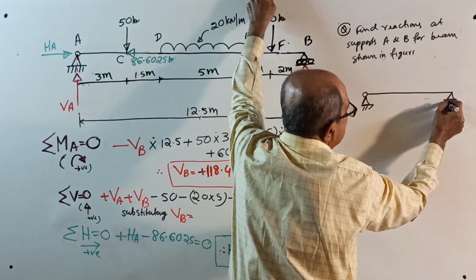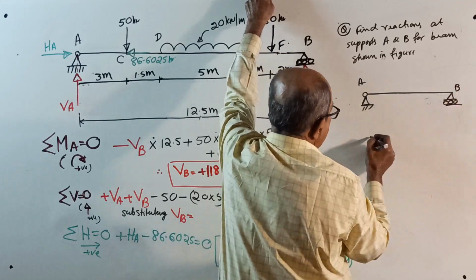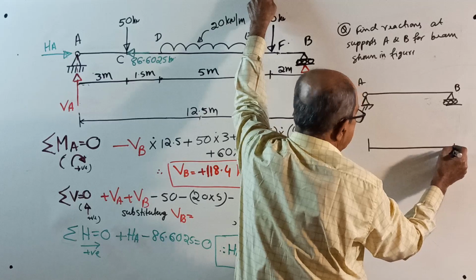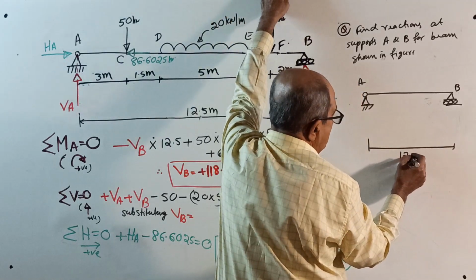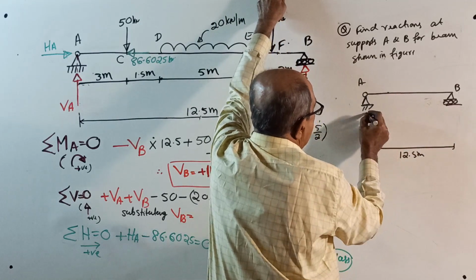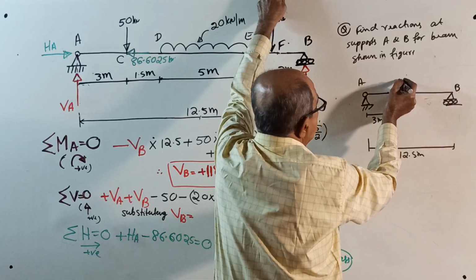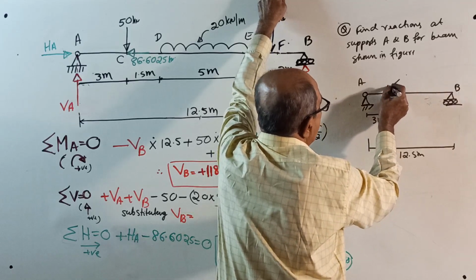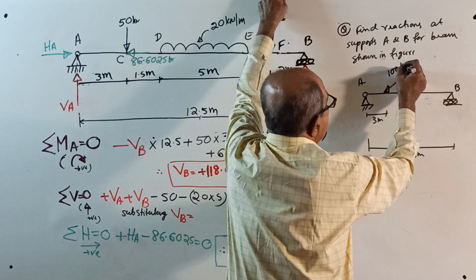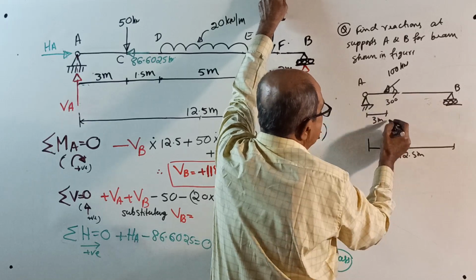See, small sketch. Roller support, this is A, this is B, the length of the beam is 12.5 meter. There is a point load at 3 meter from here, an inclined point load of 100 kilonewton, which makes an angle of 30 degrees.